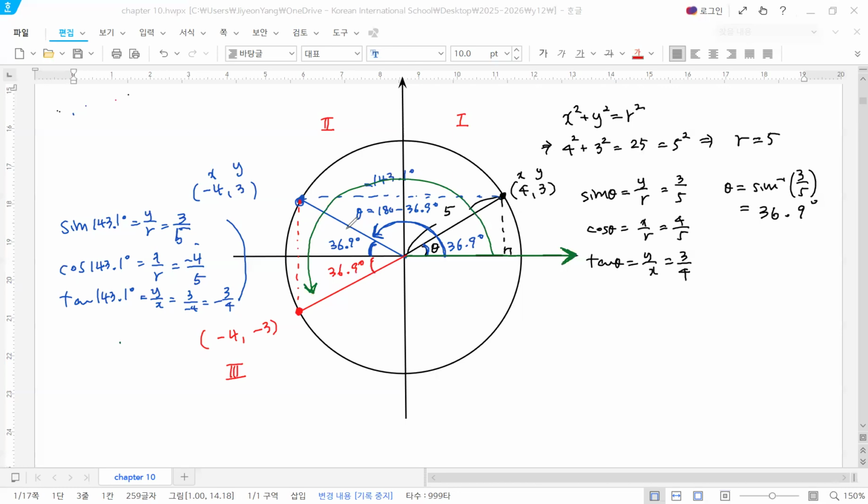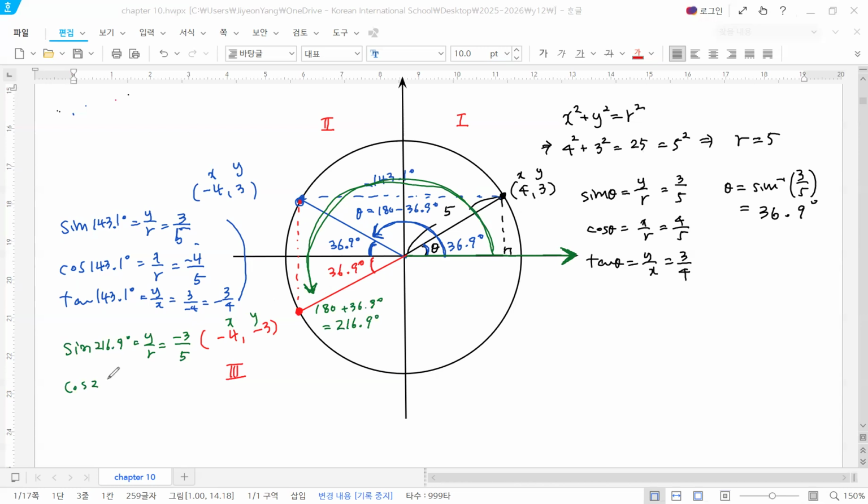So this angle is 180 plus 36.9 degrees, which means 216.9 degrees is the angle of this one by the definition. Then by the definition, sine 216.9 degrees is y over r. Since the y coordinate is -3, it is -3 over 5, because it's still on the circle with radius 5.